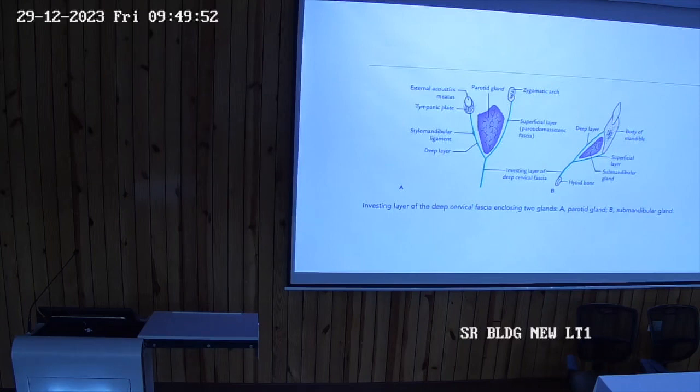So what are the contents of the suprasternal space or space of Burns? Write down: one is the jugular venous arch. First, we are talking about the suprasternal space.